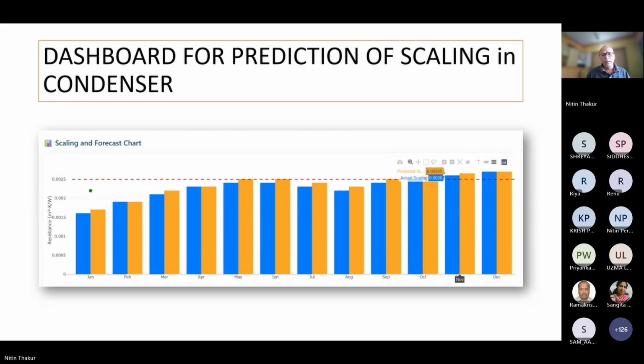So this was the dashboard that we were able to create for prediction of the scaling in the condenser.